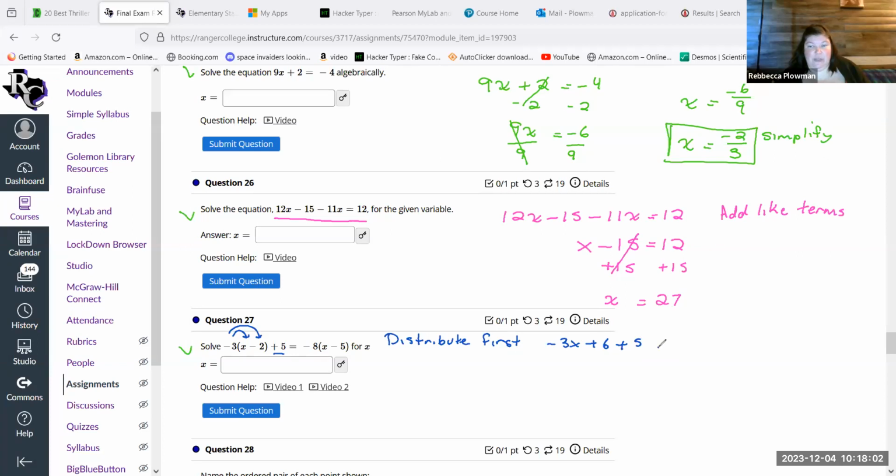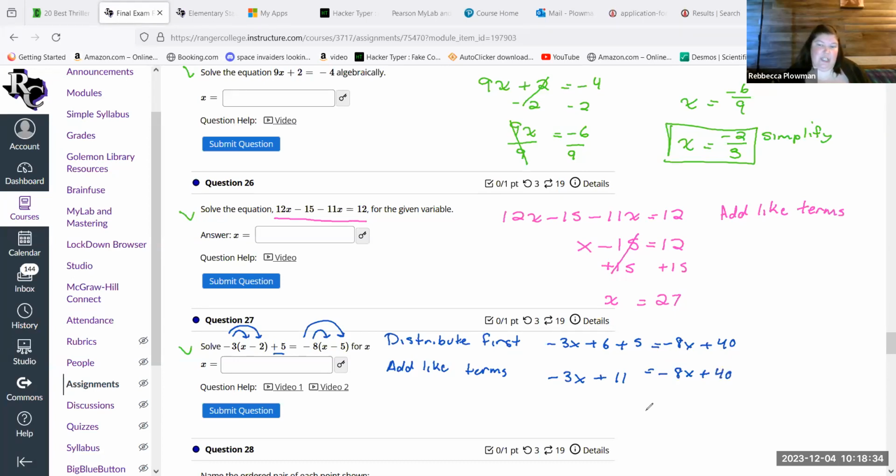So we're just getting rid of the parentheses. -8 times x is -8x. -8 times 5 is going to be +40. At this point, then we add like terms. So over here we have like terms. We got the -3x, and then we have a 6 plus a 5. The 6 and the 5 are the like terms. We add those together, that's an 11.